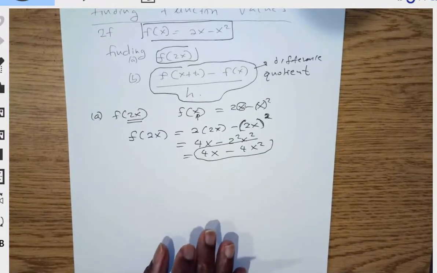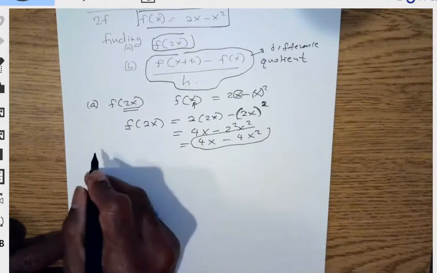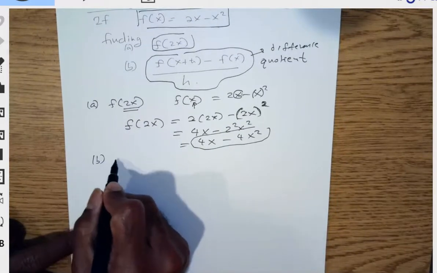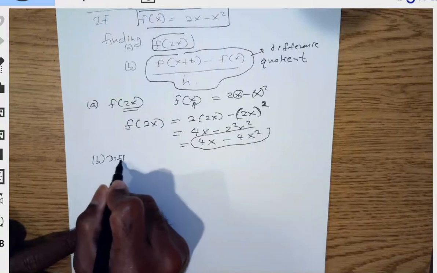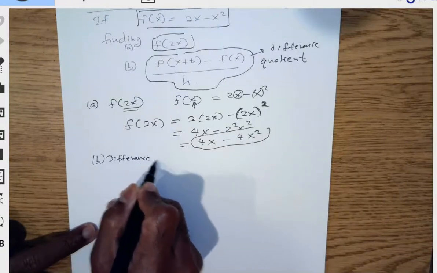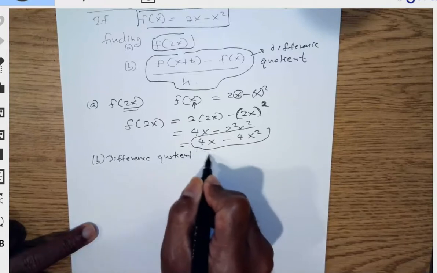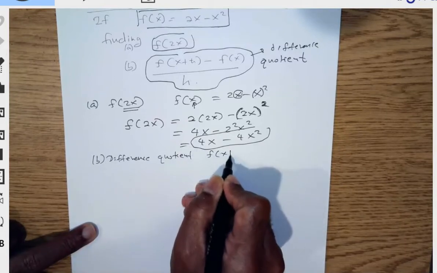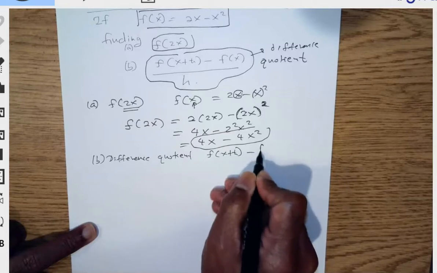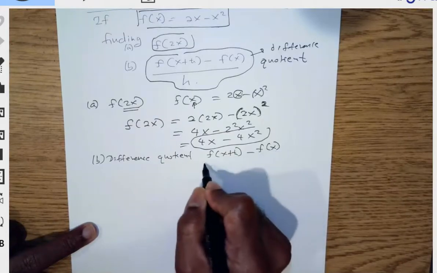Now let's get on to the more challenging part B. Now you are going to find the difference quotient. This is very important because it occurs in calculus.